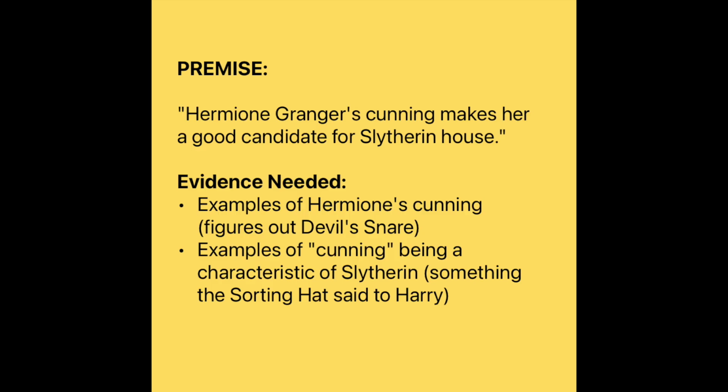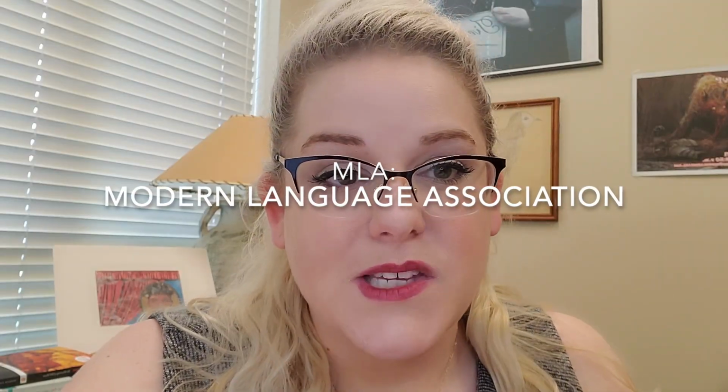So we need to give this evidence directly from the text whenever possible using direct quotes. And again, remember a good general ratio should be around 20% of your paper being directly quoted. And we want to make sure that we properly cite our evidence using the appropriate method. And in literature, we use MLA, which stands for Modern Language Association. In other fields, you might use Chicago Style or APA, something like that.